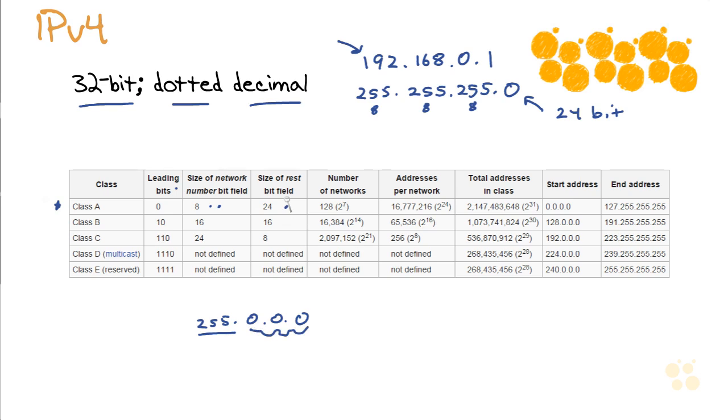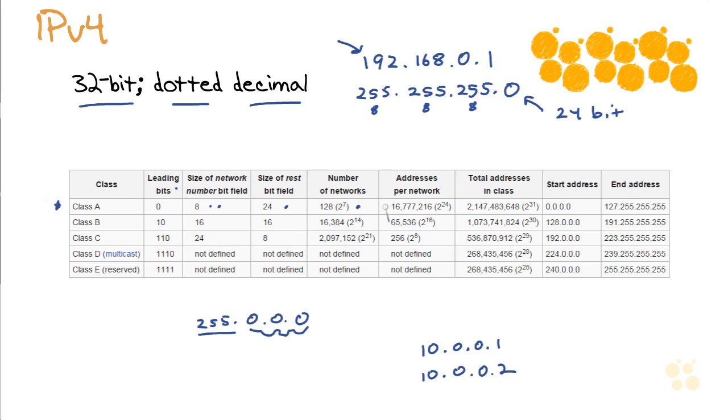Pretty cool. So think about a Class A, let's say the 10 network. We could start addressing hosts at 10.0.0.1. And then the next host on the network could be 10.0.0.2. You get the idea. The number of networks that we can create is 2 raised to the 7th power, or 128. So we can create that many networks. Pretty cool.